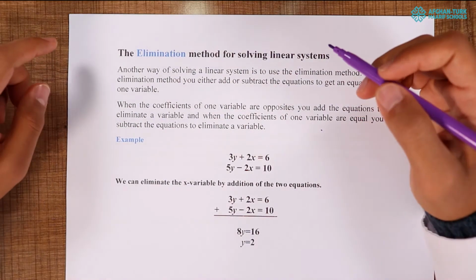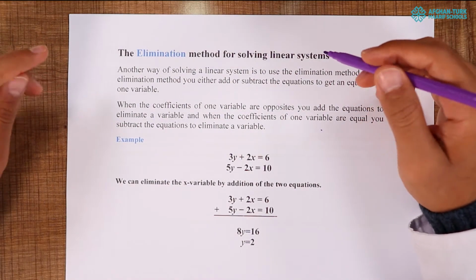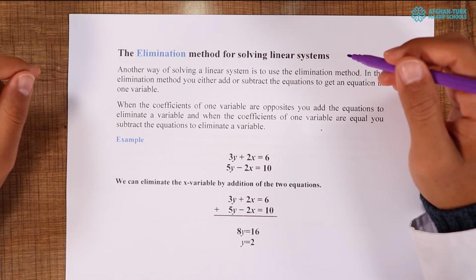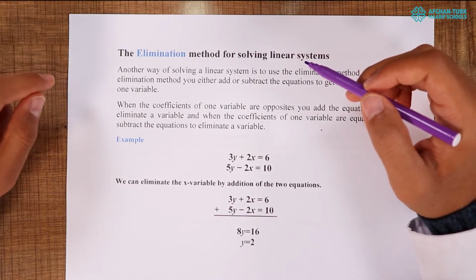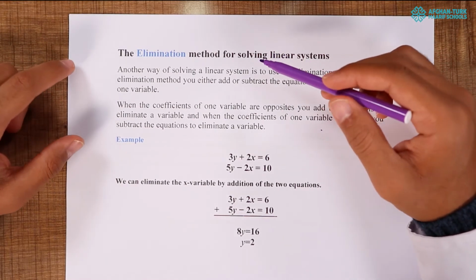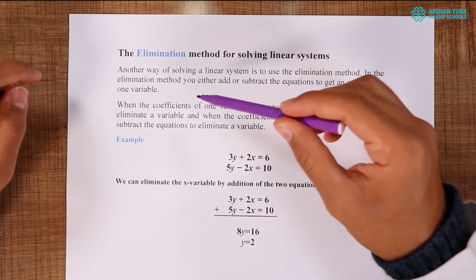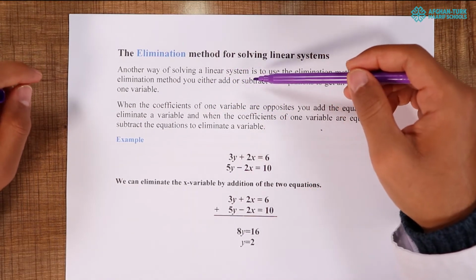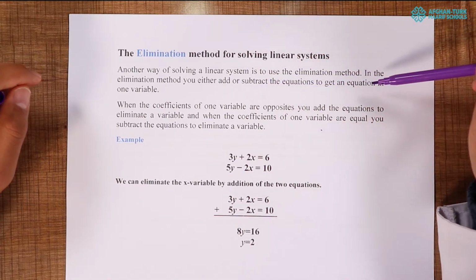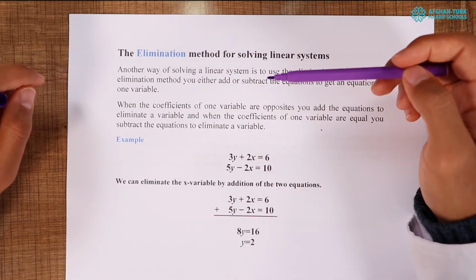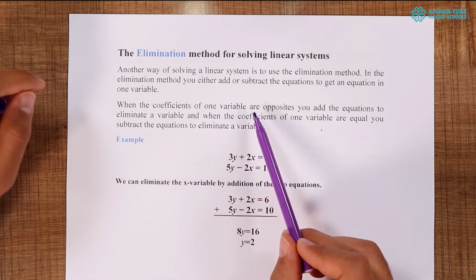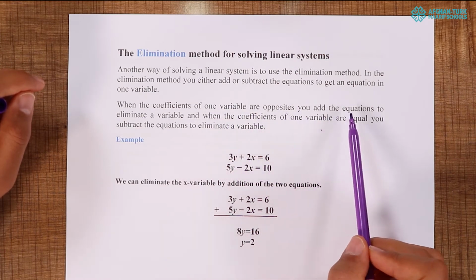Now we are going to study the methods of solving a linear system. The first method is elimination. Another way of solving a linear system is to use the elimination method. In the elimination method, you either add or subtract the equations to get an equation in one variable. When the coefficients of one variable are opposite, you add the equations.